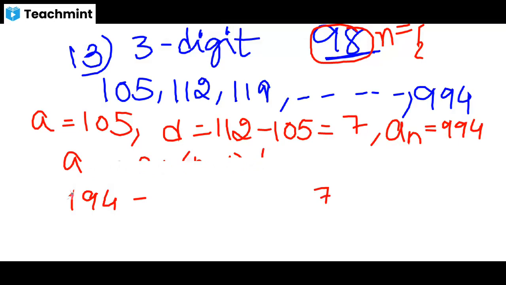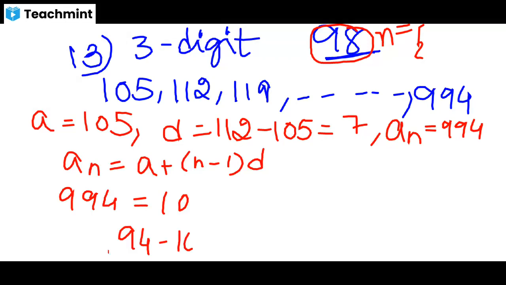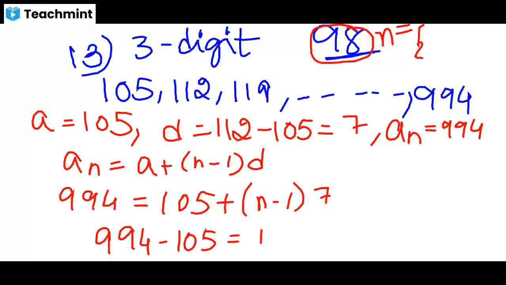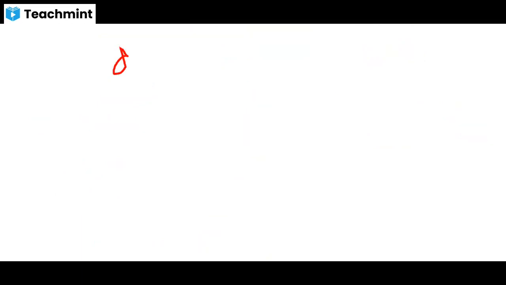Now if you subtract 994 minus 105, what do you get? 889. That is equal to n minus 1 into 7.